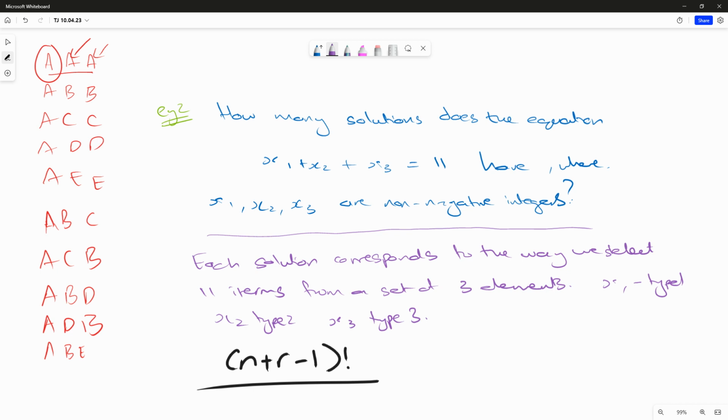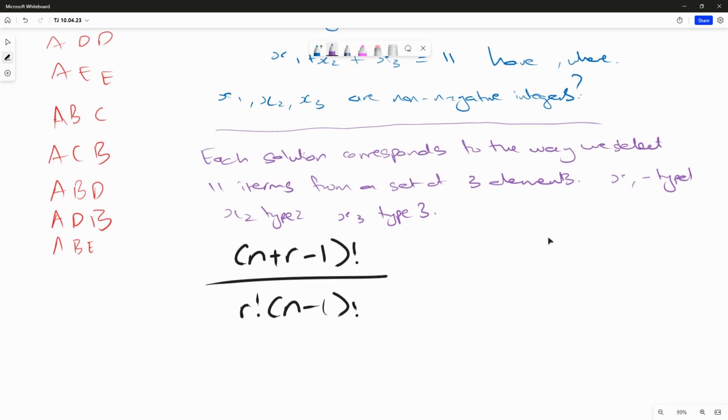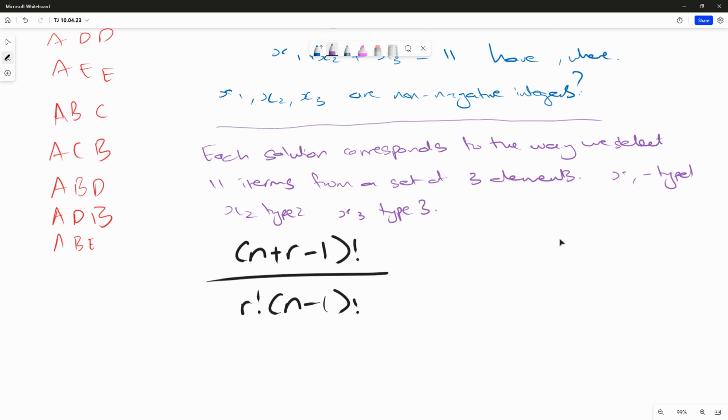So n plus r minus 1 factorial divided by r factorial, and in the denominator, n minus 1 factorial. So not plus 1, minus 1 factorial in the denominator.